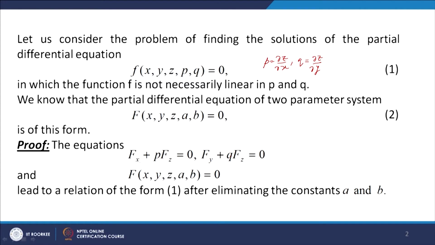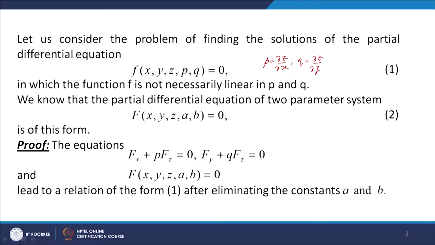Now, the two equations f_x + p f_z = 0, f_y + q f_z = 0, and the given relation f(x, y, z, a, b) = 0 will lead us to a relation of the form 1 when we eliminate the constants a and b.